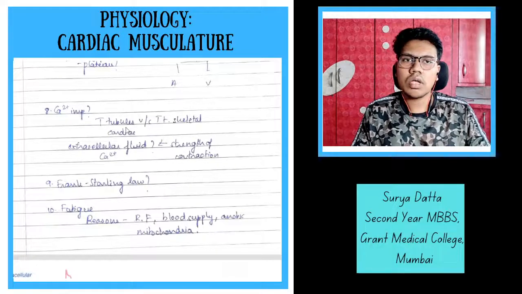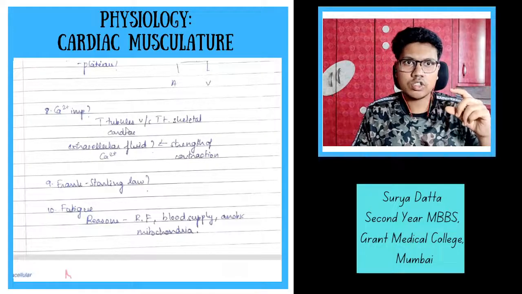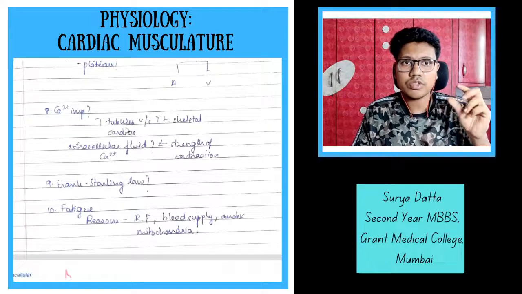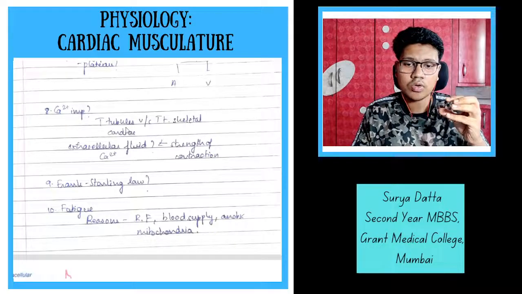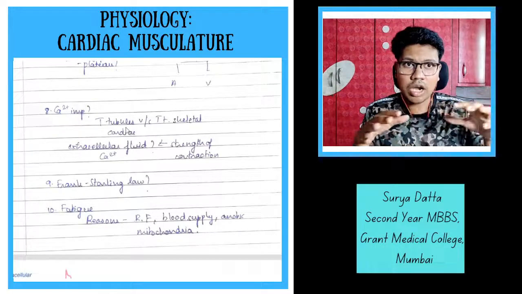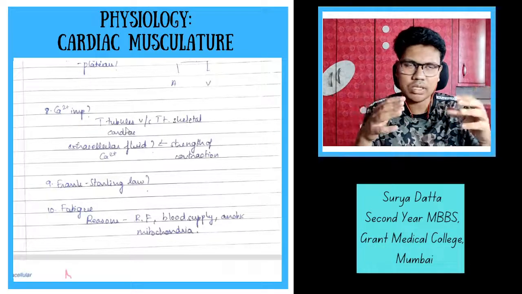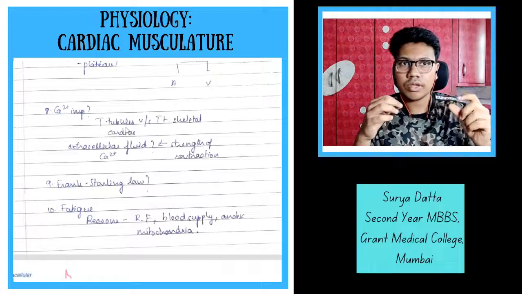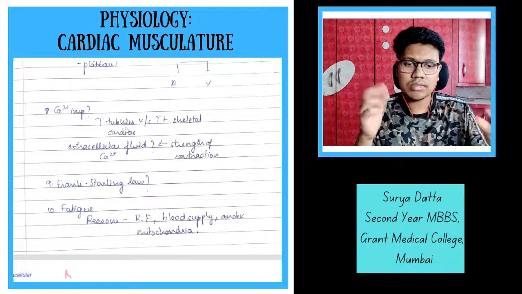So now in the heart, there are transverse tubules, which are going to have a lot of calcium ions stored in them. Now there's a sarcoplasm in the heart, in any muscle, and there's a sarcoplasmic reticulum. Sarcoplasmic reticulum contains the calcium ions.